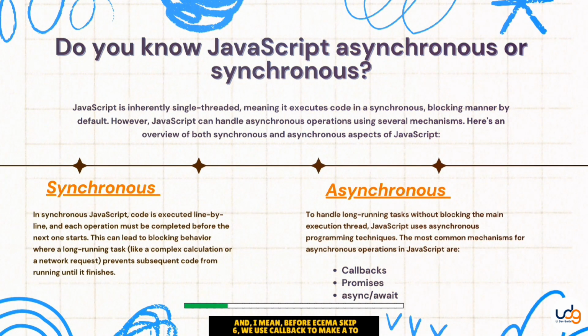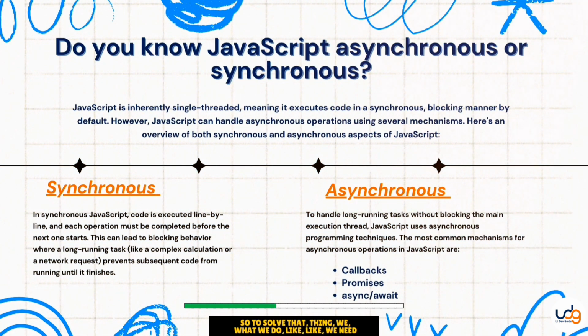Before ECMAScript 6, we used callbacks to create asynchronous features. As we know, JavaScript has one call stack. It only executes one thing at a time.